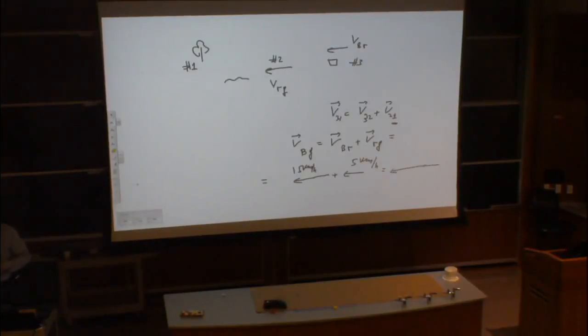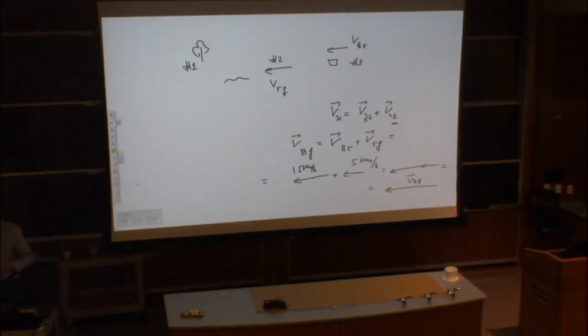We could have used components, but that would be too much work, because everything we need to do now is just draw two arrows together. So this gives us the new arrow, which is velocity of the boat relative to the ground.